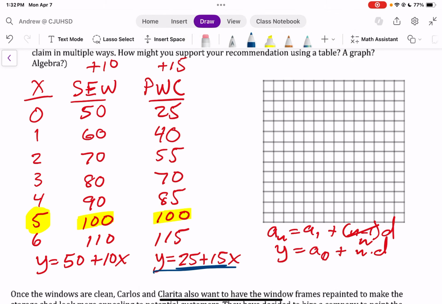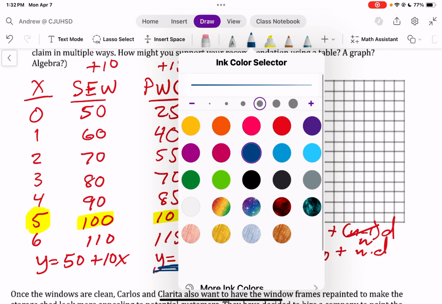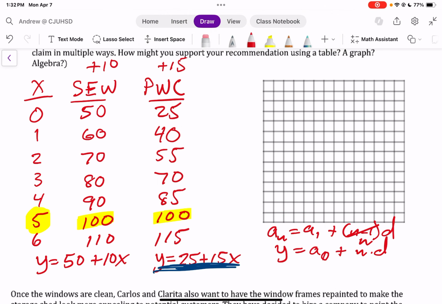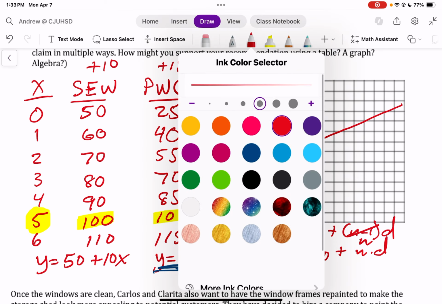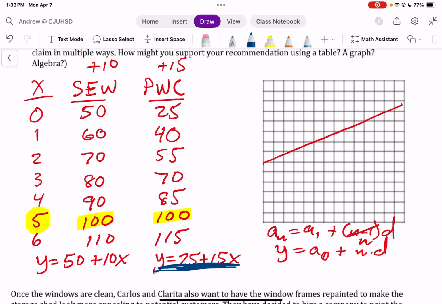So I'll do this one in blue, and I'll stick to red for the other line. So for the Sunshine, it starts higher, but it's not as steep. And for Painless, it starts lower and has a steeper slope.